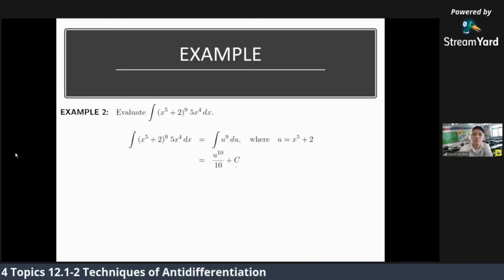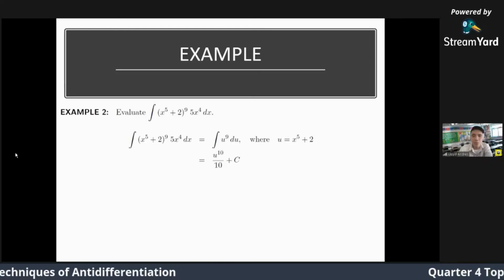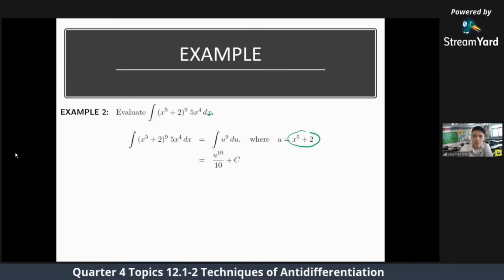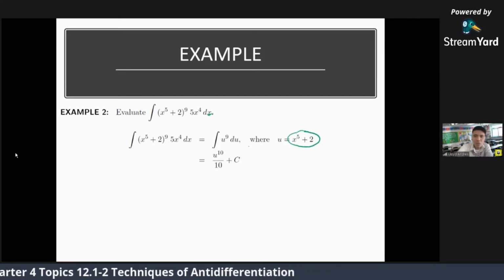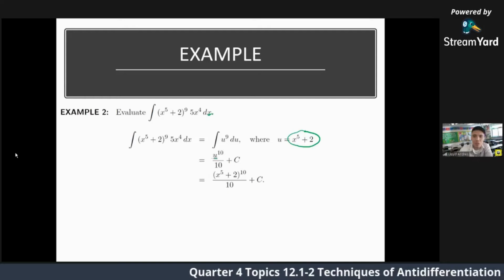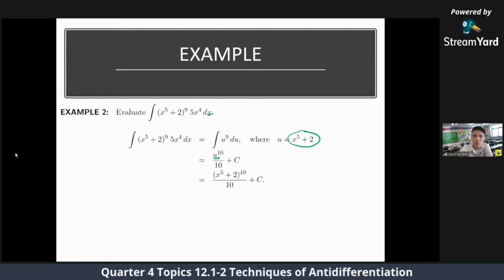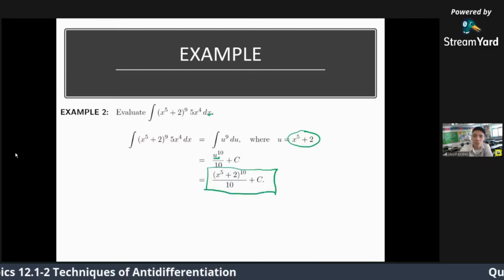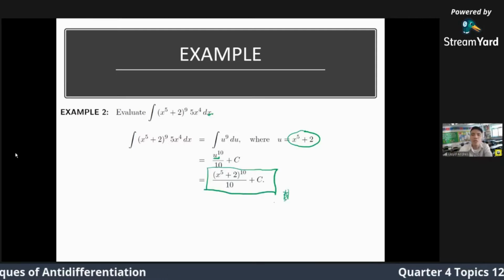And since it is still in terms of u while our given is in terms of x, we need to return x raised to 5 plus 2. Therefore, the final answer should be x raised to 5 plus 2, since you replaced u with x raised to 5 plus 2, exponent 10, then over 10 plus c. So this should be your final answer.